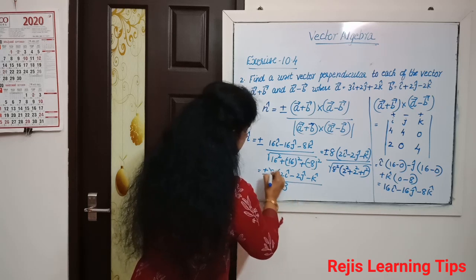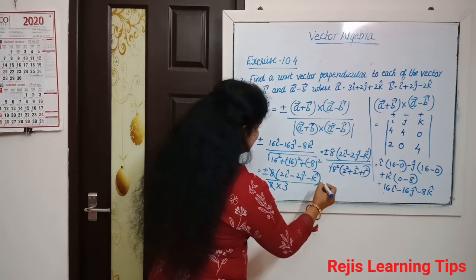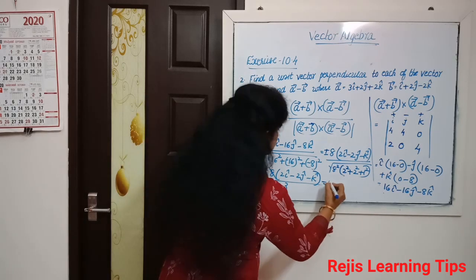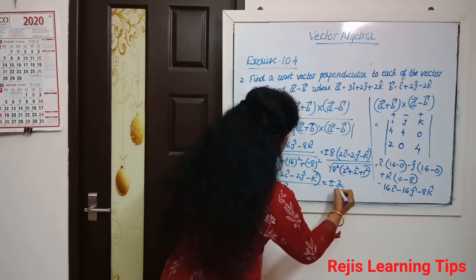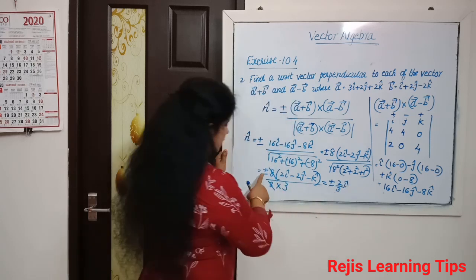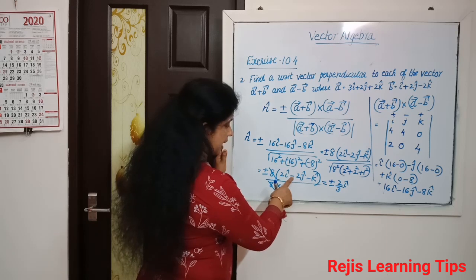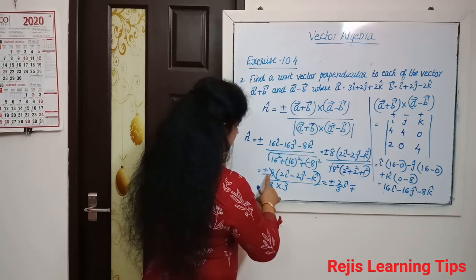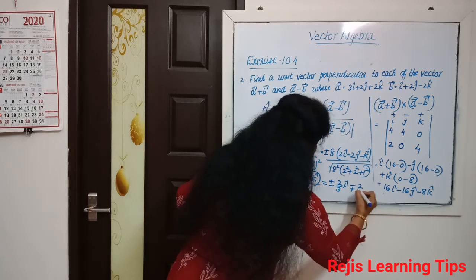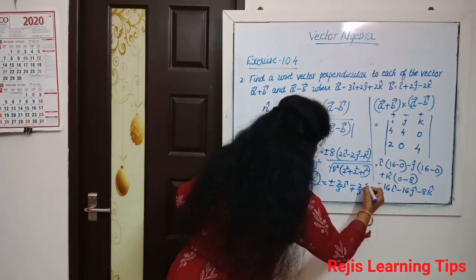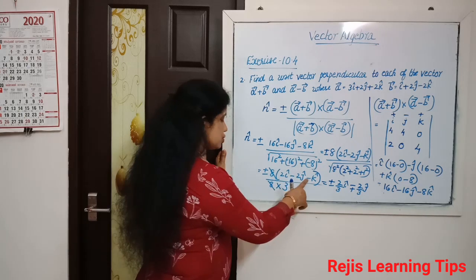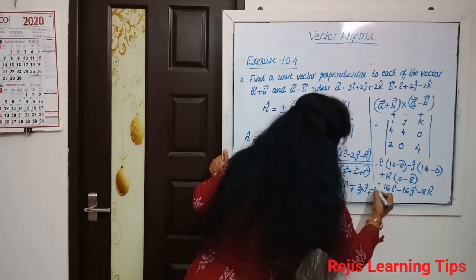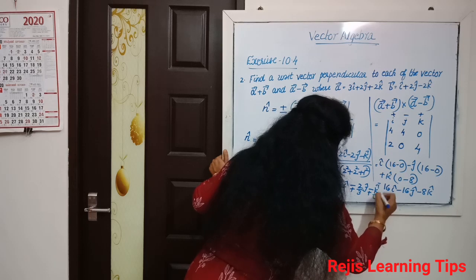So we can cancel this 8 and 8, that is equal to plus or minus 2 by 3 i cap, then plus or minus this minus, then we will get minus plus 2 by 3 j cap, then here also minus, so we will get minus plus k cap by 3.